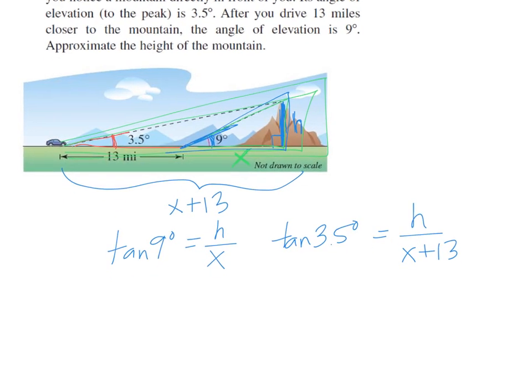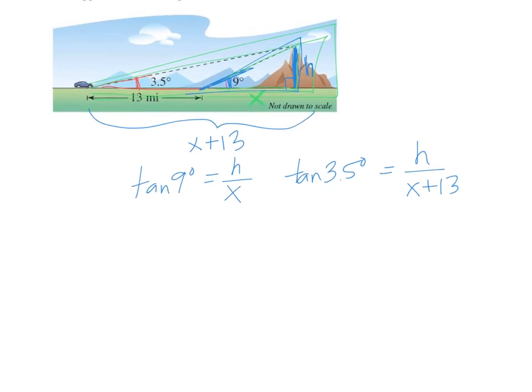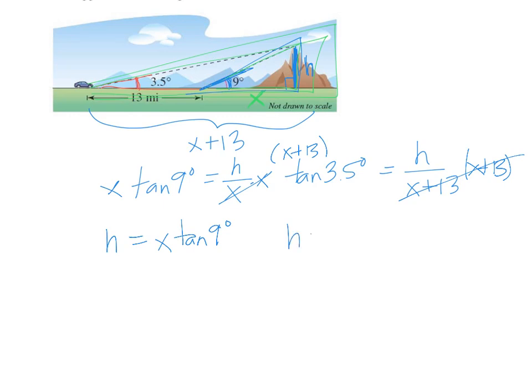Let's see what I could do here. First, I'm going to multiply by x on both sides. So now I have h is equal to x tangent of 9 degrees. Then we'll multiply by x plus 13 on both sides. So I get h is equal to x plus 13 times tangent of 3.5.